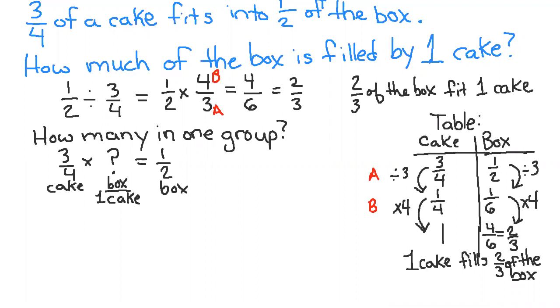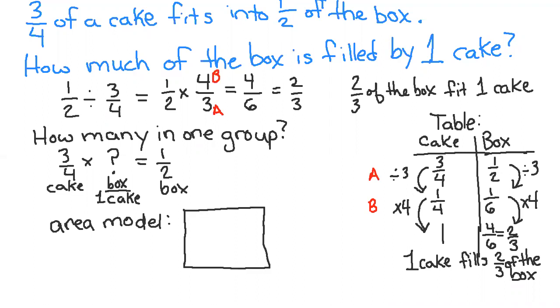Another way of visualizing this example would be through an area model. For the area model, we can imagine what our box looks like. And we can tell ourselves about the size of 1/2 of the box. So we know that we have 1/2 of our box.